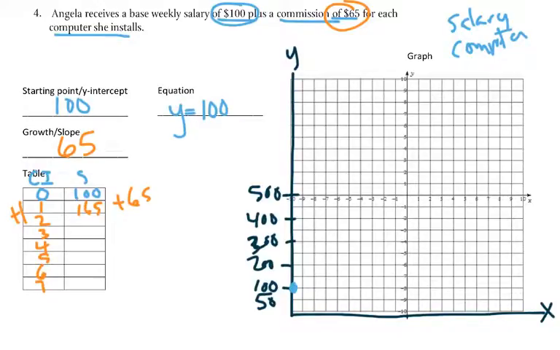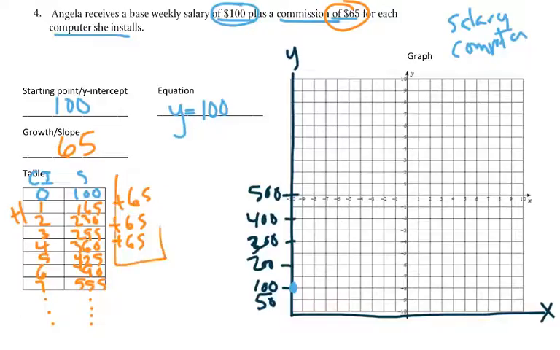So we just keep going. 230 plus 65, 295 plus 65 would give us 360, then 425, then 490, and 555, and so on, right?